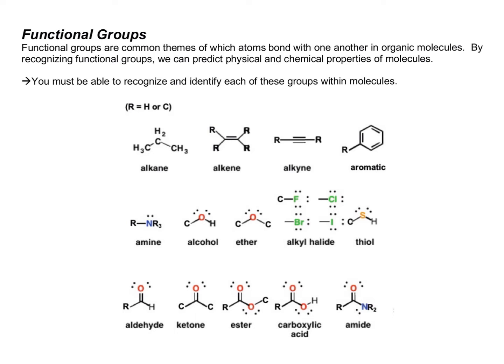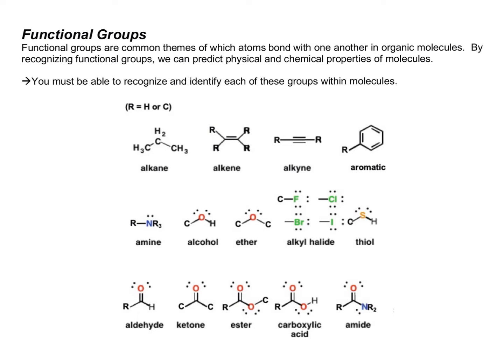Additionally, by looking at and recognizing functional groups, we can predict what types of reactions a molecule will be able to undergo, and we can predict how stable or unstable the molecule will be under certain conditions. For example, if we're thinking about the metabolism of food, ingested orally, passes into the digestive system within the stomach, it's in a very acidic environment, we find that acids are common reactants with a variety of different functional groups.